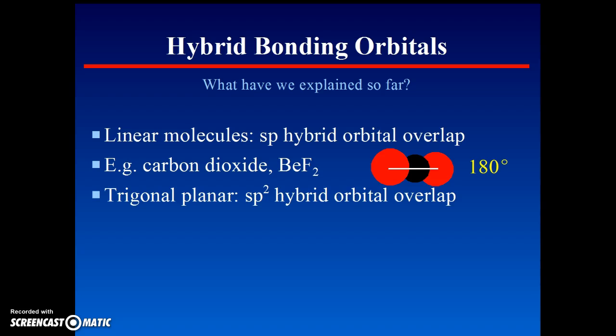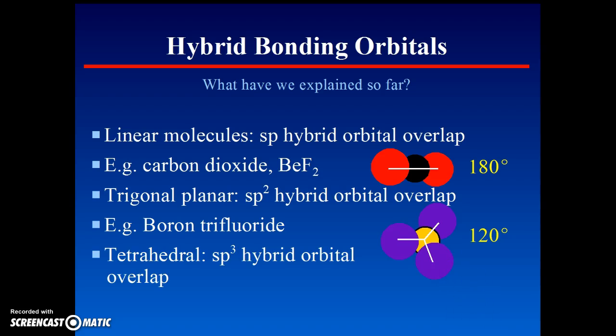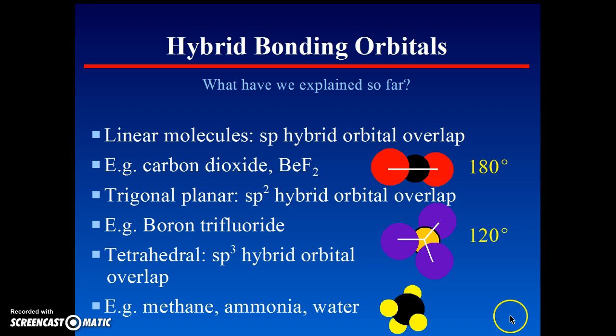We've explained the trigonal planar geometry using the sp2 hybrid overlap, for instance in boron trifluoride, 120 degrees. We've explained the tetrahedral configuration with the sp3 hybrid, and orbital overlaps will give us the 109.5 degrees. We've explained methane, we've explained why ammonia has a smaller bond angle, and why water has an even smaller bond angle than ammonia.